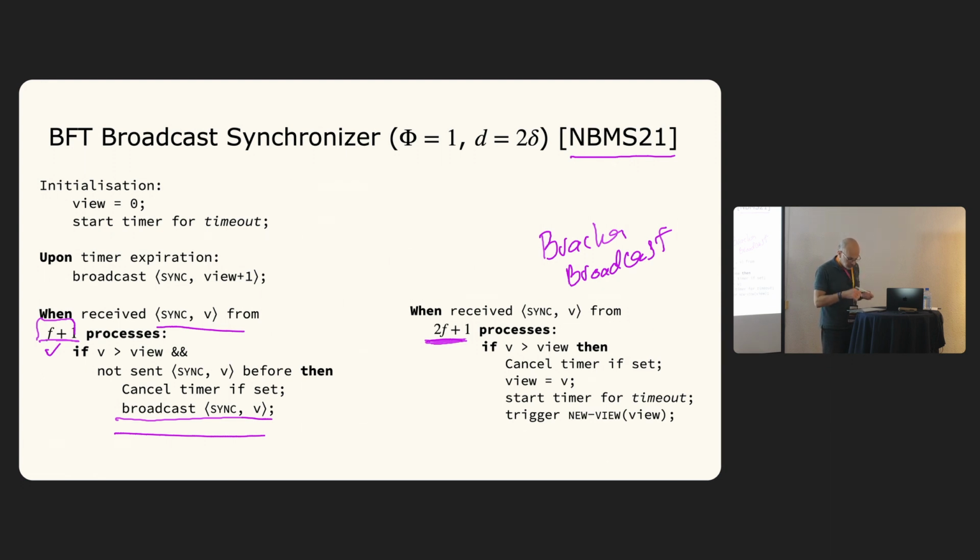It has d equal to 2 delta. It's 2 delta because we essentially have the same message pattern as before, so it's still 2 delta. I assumed phi equals 1 for simplicity, but you can just multiply this by phi if you want to support any other phi.